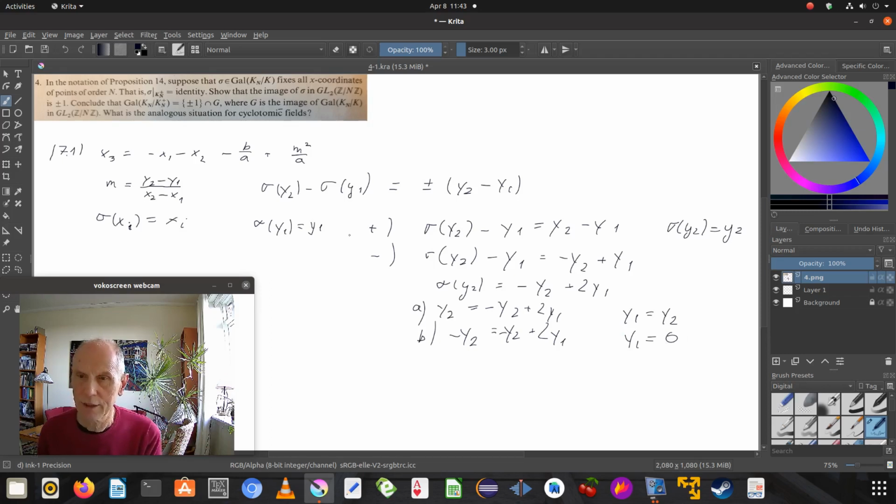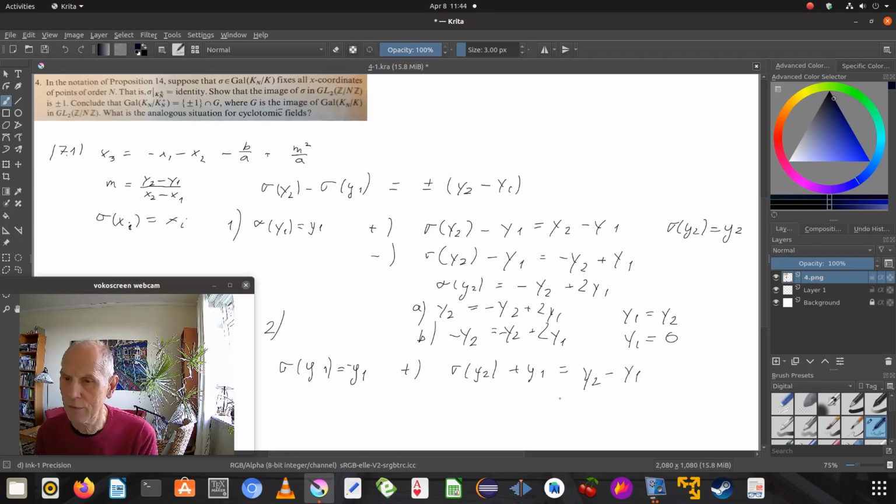All right. And then if sigma of y1 equals y1, no, minus y1, the opposite of, so 1, 2, it'll probably just be the same, but we have to go through the motions. Plus y1 equals y2 minus y1.